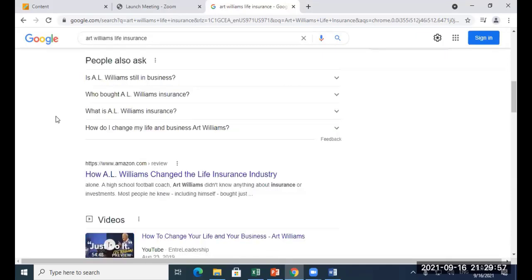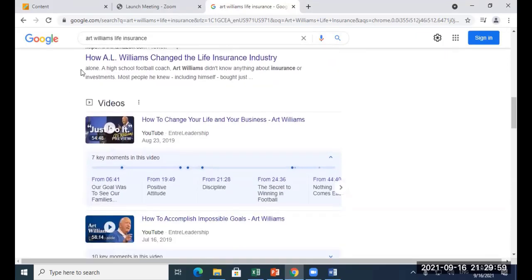Is A. Williams still in business? Look right there, one of the top ones that came up, how A. Williams changed the life insurance industry. Does anyone know his famous slogan? I wonder if State Farm, you hear it on State Farm. I don't know who else, life insurance. Anybody know his famous saying? It's not in there.